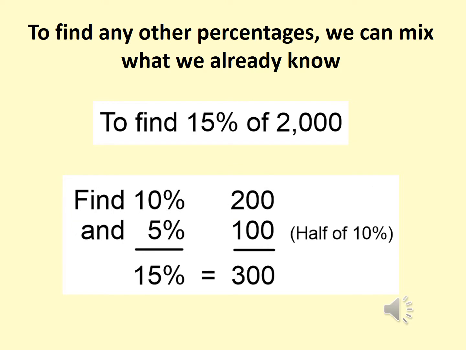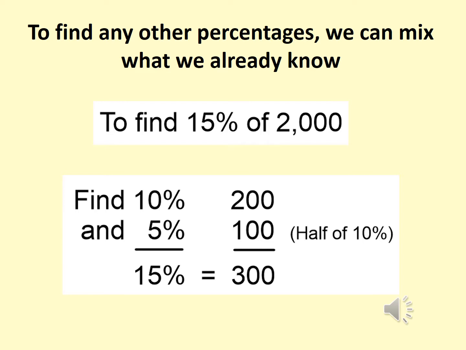So to find all sorts of other percentages, we can mix what we already know about finding those simple percentages. So let's take the example of 15%. Let's think about finding 15% of 2,000. Well, first of all, we can find 10%, which is quite easy. 10% is dividing that 2,000 by 10, and that's 200.